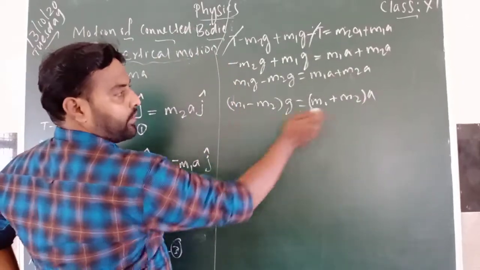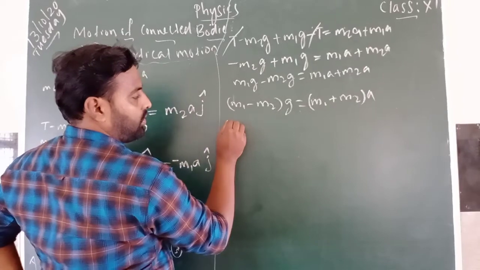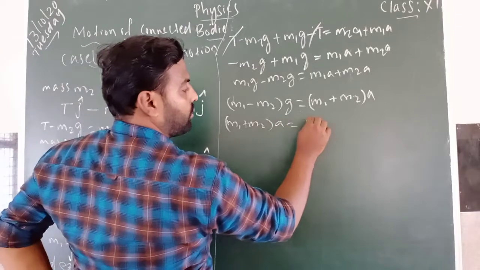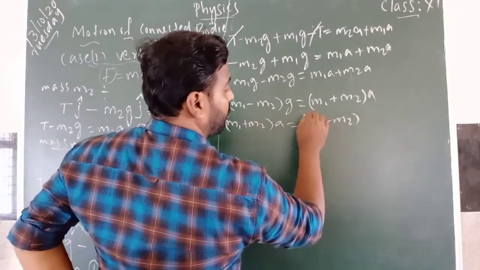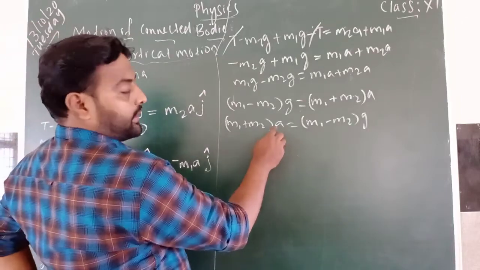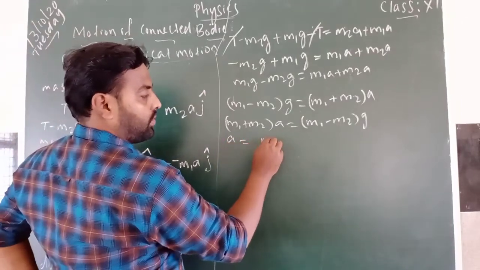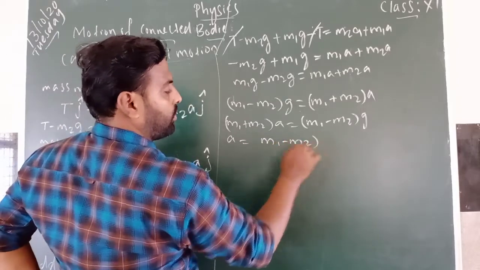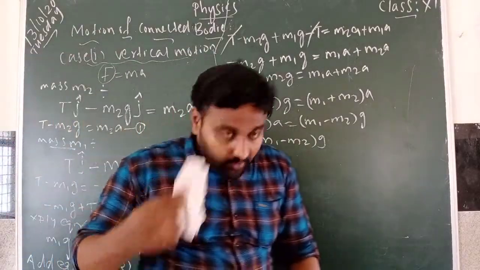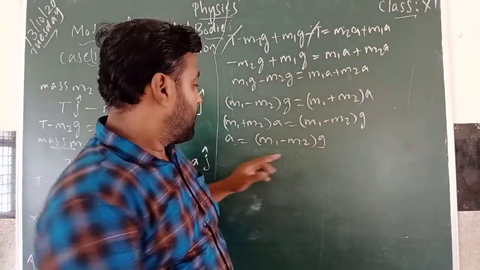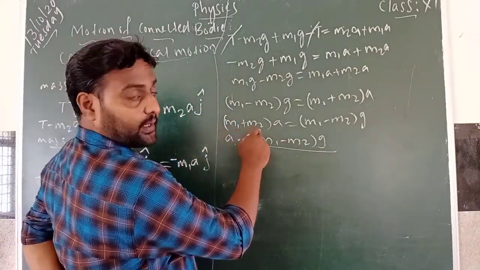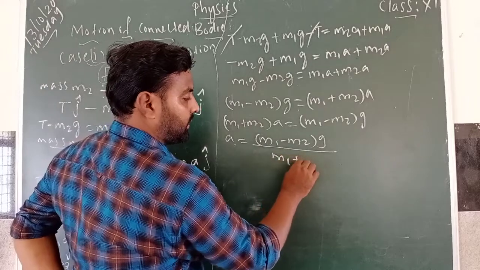Now you can find out the acceleration. So M1 plus M2 into A equal to M1 minus M2 into G. Acceleration is equal to M1 minus M2 into G, divided by M1 plus M2.